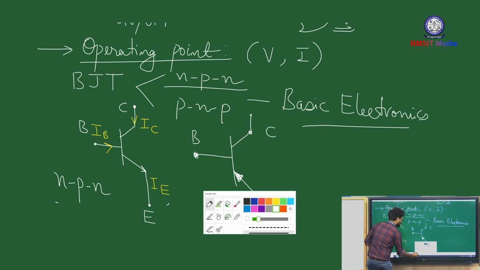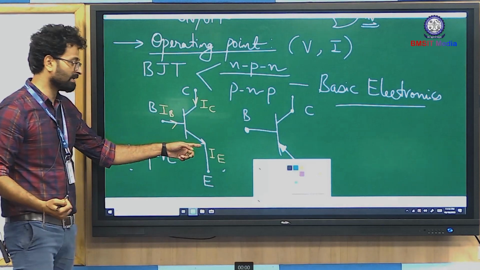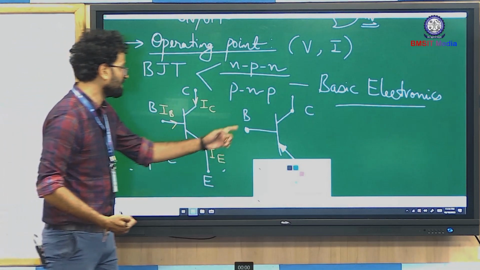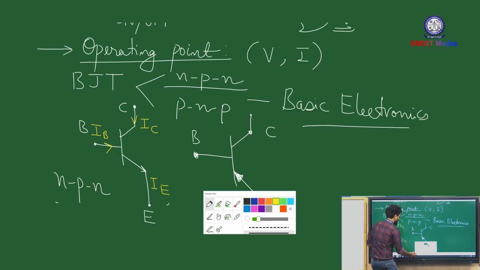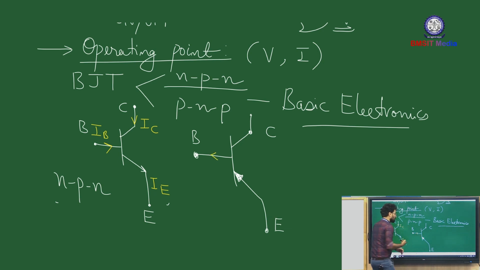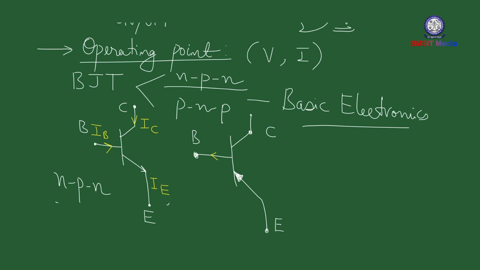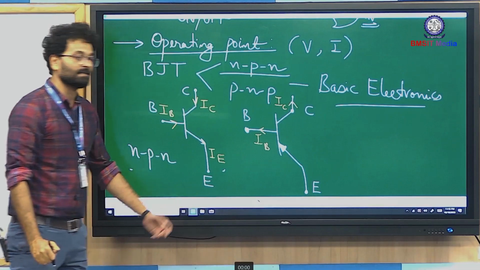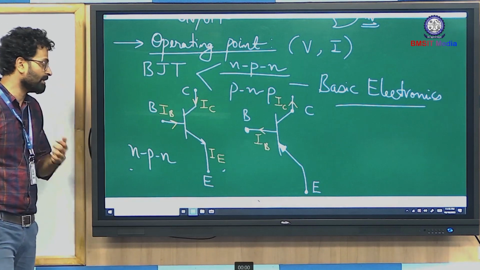How do we do that? So over here, your emitter current is in the outward direction, right? And in case of PNP, it is in the inward direction. So you have to flip the direction of base current, and you need to flip the direction of collector current as well in case of PNP transistor.